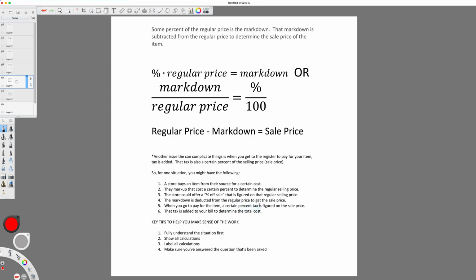They calculate the tax. So in one situation, you have the price being marked up a certain percent because that's what stores do. And then you have the price marked down because it was on sale. And then you have tax being calculated and added because the government needs their money. So all that for one thing.